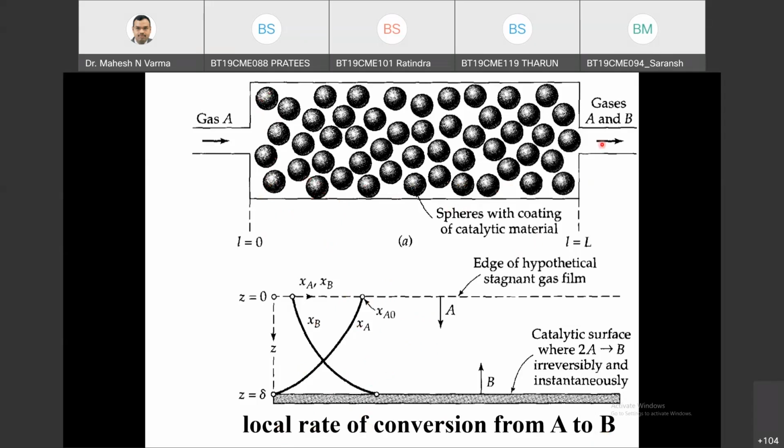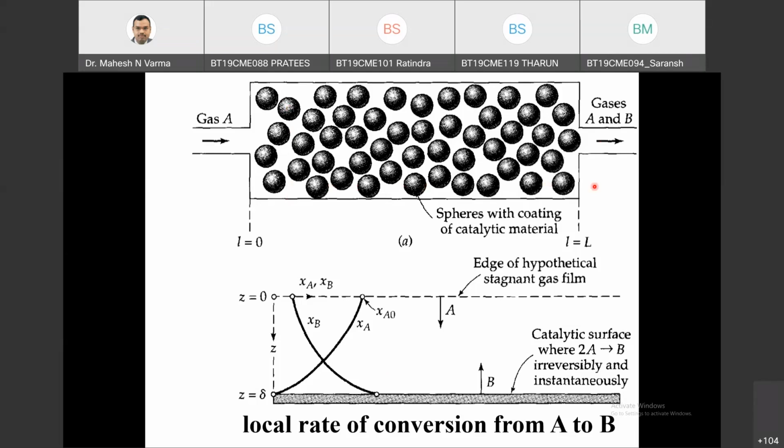You can do it in exactly the same way as we did quasi steady state for the moving boundary problem. But here it is not a moving boundary problem. Here the concentration is changing with the length. To account for that, you can assume a quasi steady state for L.